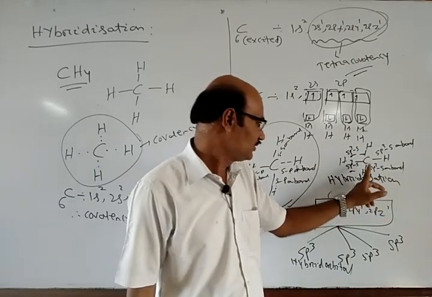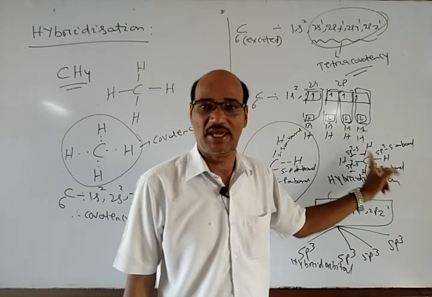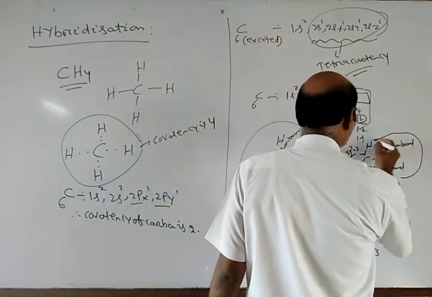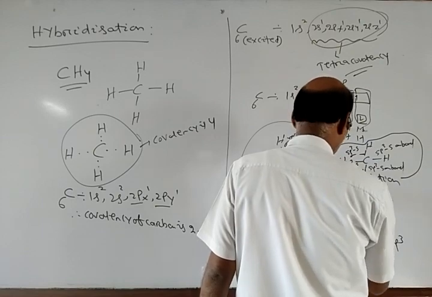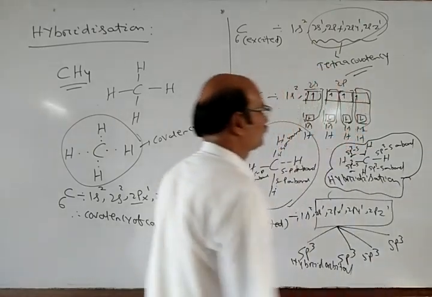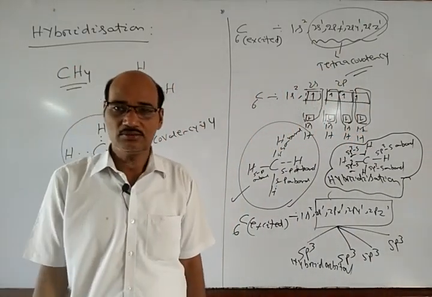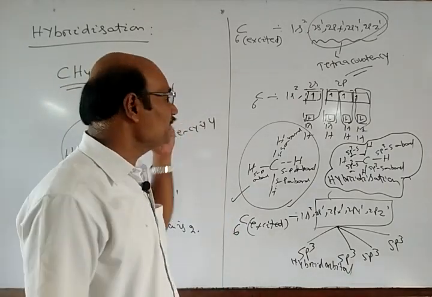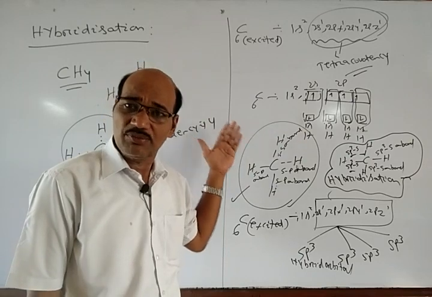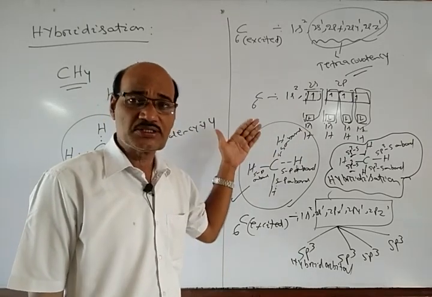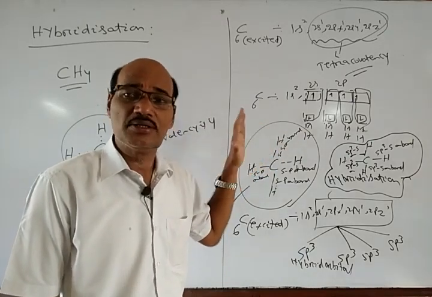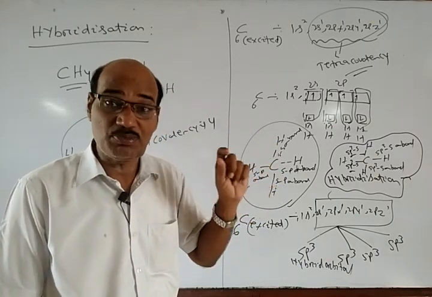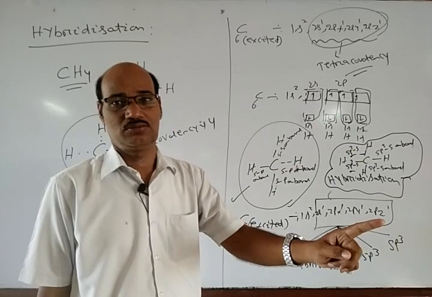That's why the C has a bond length which is the same in all the cases. So this is the concept of hybridization. Is that clear? The bond lengths in the methane molecule are equal because the C-H bond is an sp3-s sigma bond.